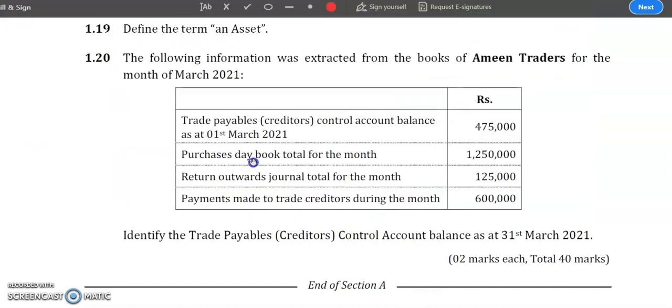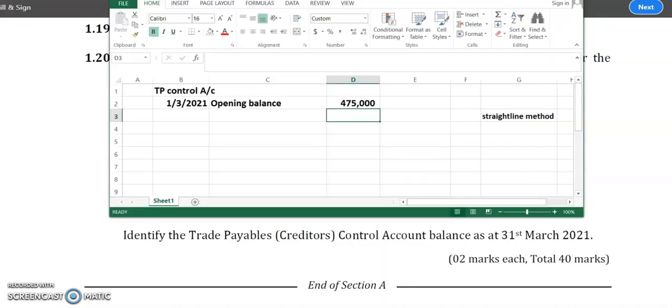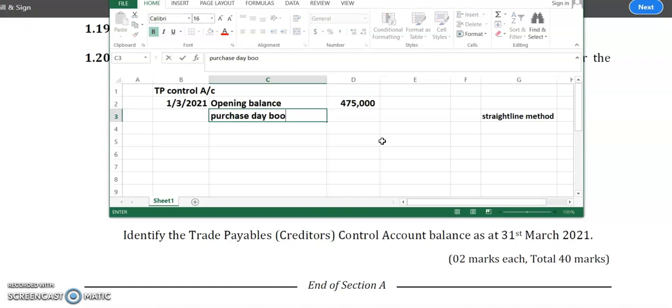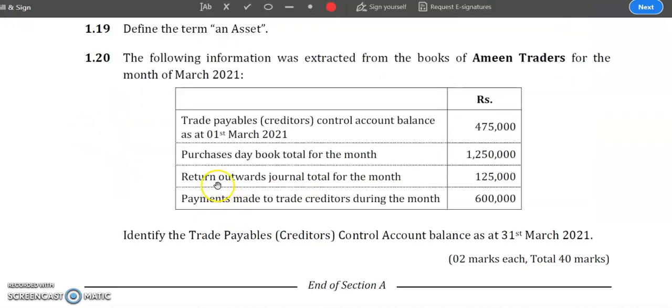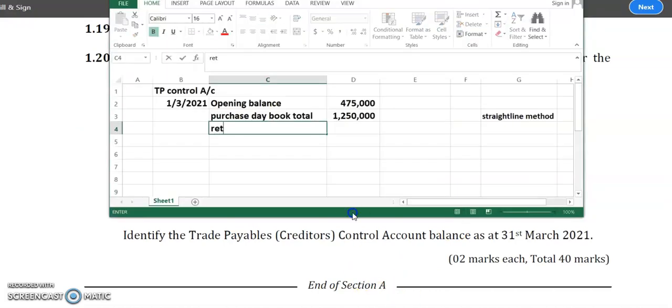And the second, the purchase day book total for the month, 1.25 million. And the return outwards journal total for the month, return outwards is 125,000.